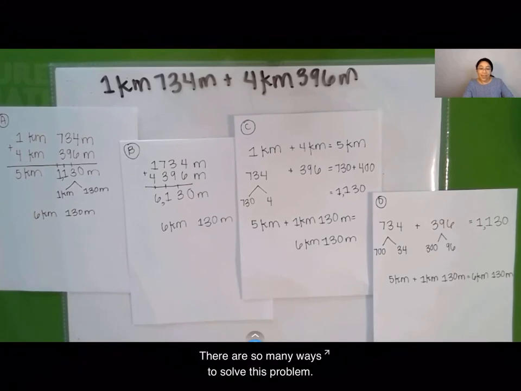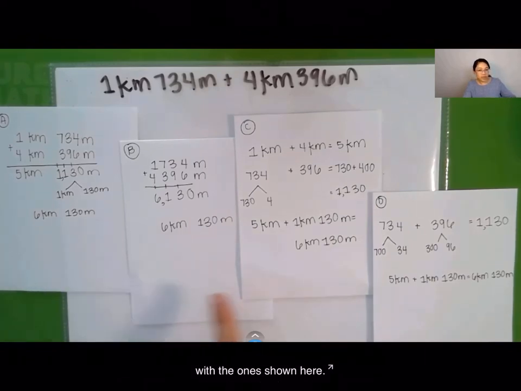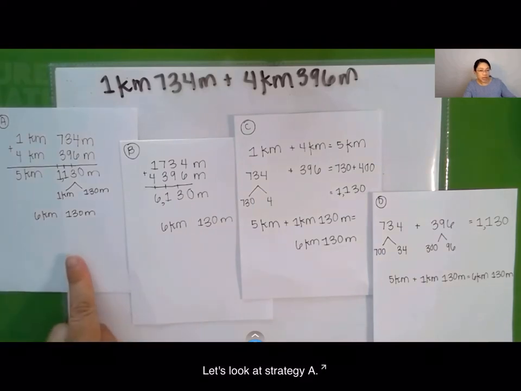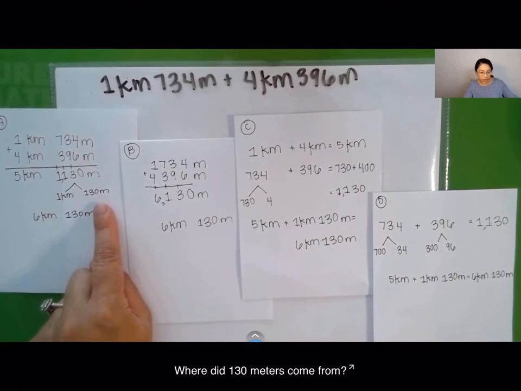There are so many ways to solve this problem. Take a moment now to compare your solving strategy with the ones shown here. Let's look at strategy A. Where did 130 meters come from?